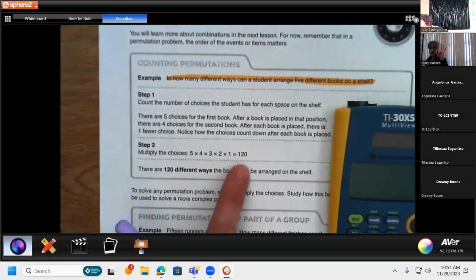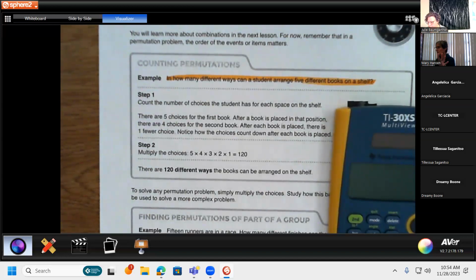So when we went from 4 kids in a row having 24 options, when we just add 1 more kid or 1 more book and go to 5, the number of possibilities jumps from 24 to 120. And that's why you don't want to have to diagram out the whole thing.